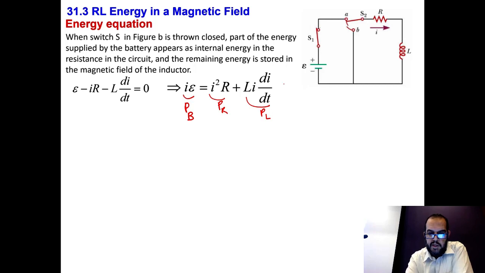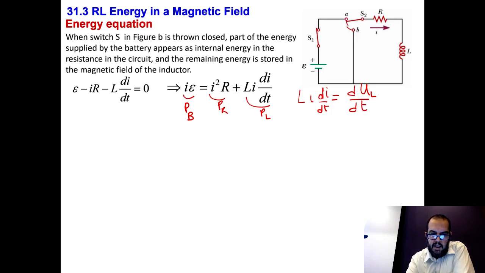Okay, so this element here, Li di/dt, is equal to the change in energy across the inductor with respect to time.